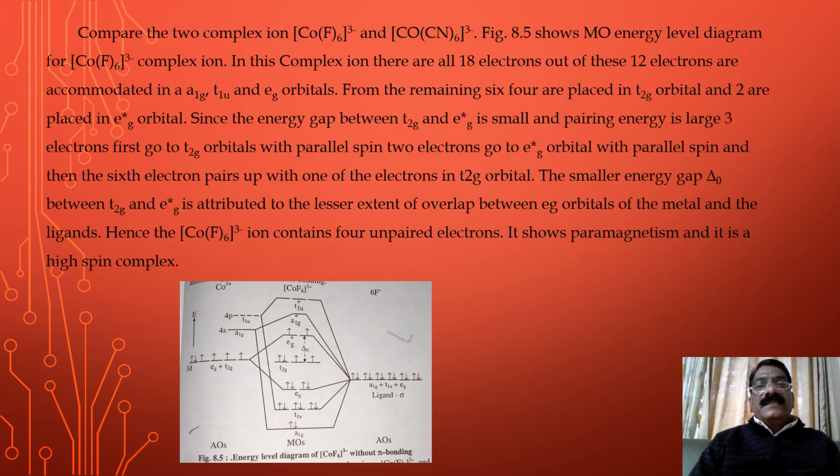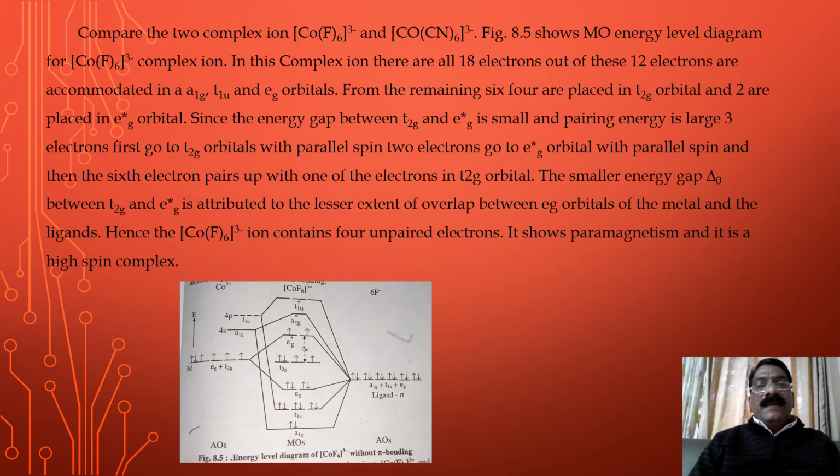In this complex ion there are 18 electrons in all. Out of these, 12 electrons are accommodated in a1g, t1u, eg orbitals. From the remaining 6, 4 are placed in t2g orbitals and 2 are placed in eg* orbitals.